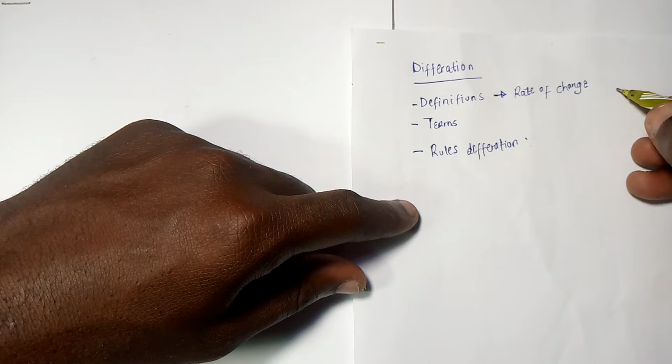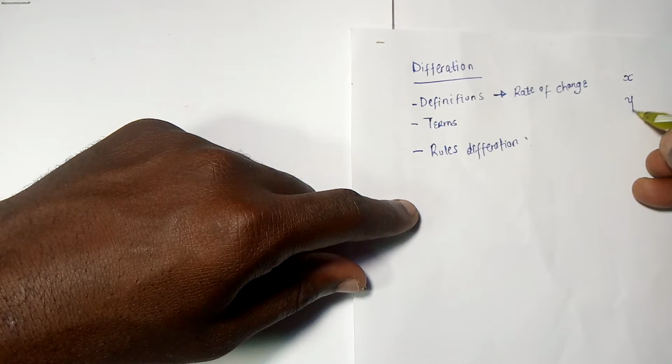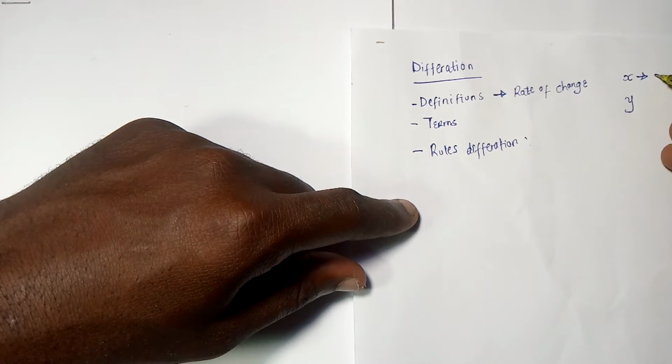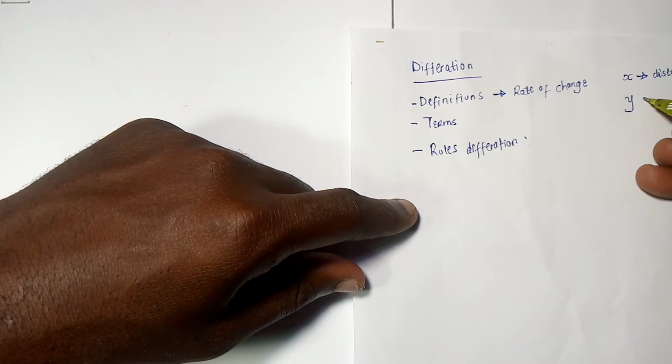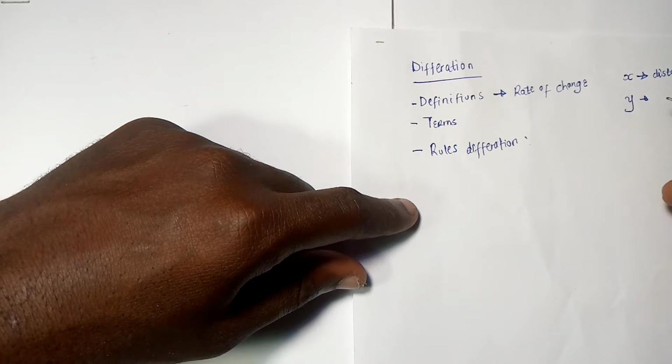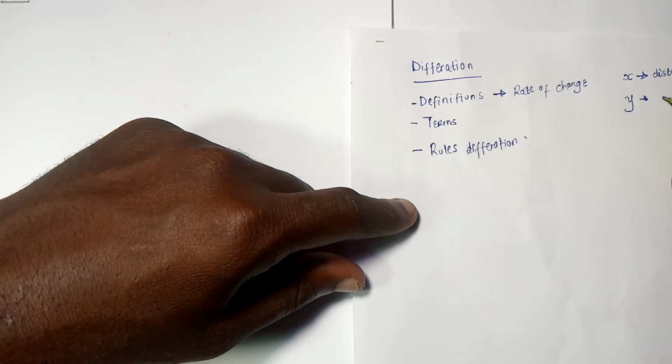So if we have an item X and another item Y, maybe X is distance covered, and then Y can be time or something of that kind, or the other way around.